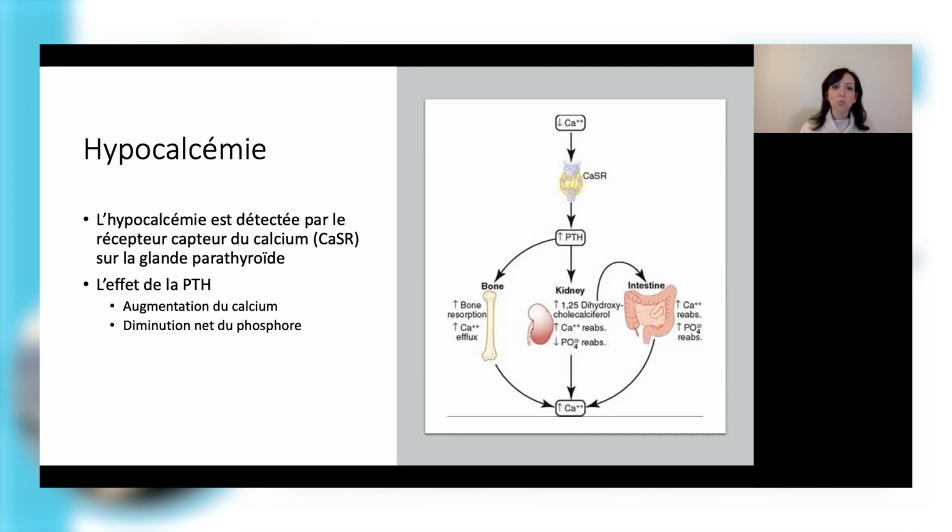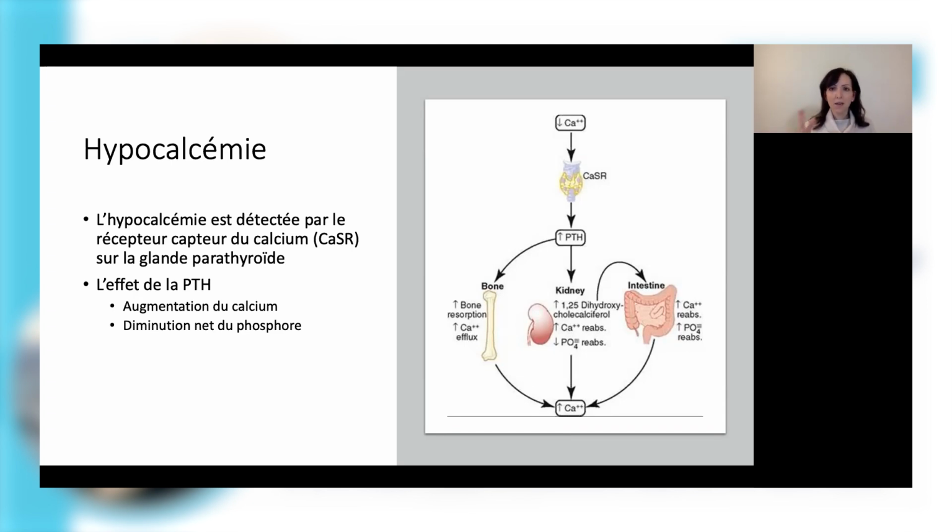So the PTH will rev up 1-alpha. So you have more hormone vitamin D, 125, and this acts on the kidney by increasing calcium reabsorption at the expense of phosphate. You're going to lose phosphate in the urine, but you're still going to reabsorb lots of calcium. That 125 vitamin D also acts on the intestine, to a lesser and slower extent, and that increases calcium and phosphate reabsorbed by the gut.